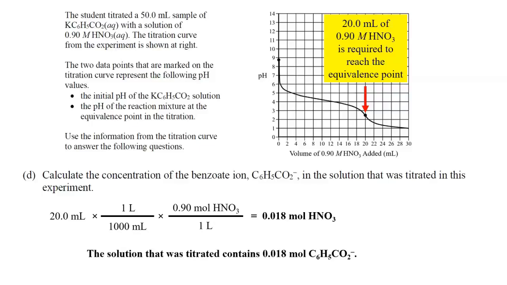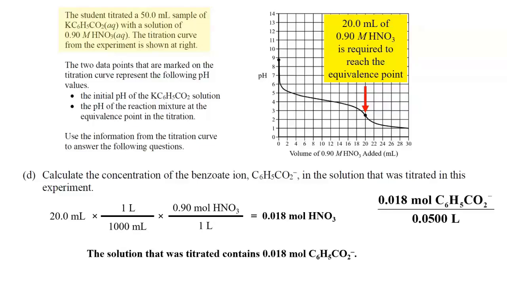Now, of course, that's not concentration, but that is part of our calculation. So concentration would be moles per liter. And it said the student used a 50.0 milliliter sample of this potassium benzoate solution in this titration experiment. So moles of benzoate, 0.018 moles. Volume of the potassium benzoate solution is 50 milliliters, or 0.05 liters if we convert to liters by dividing by 1,000.